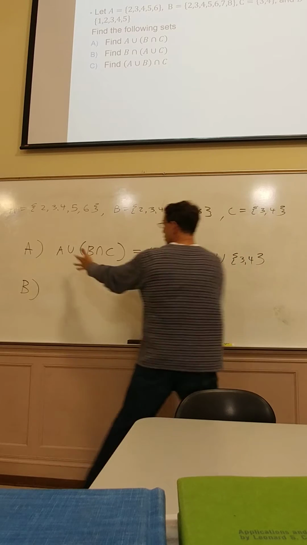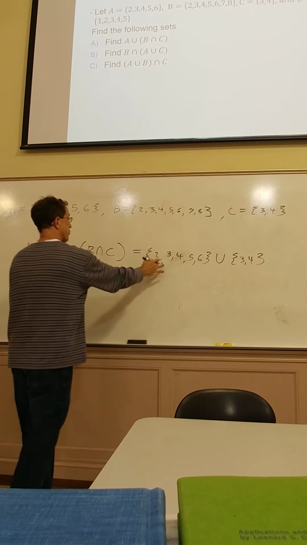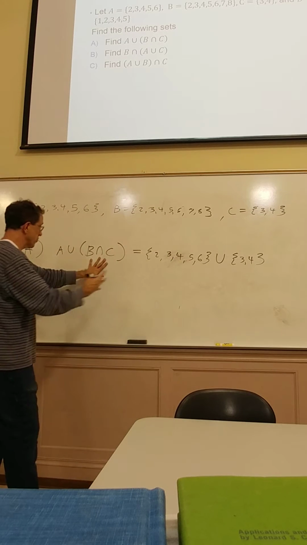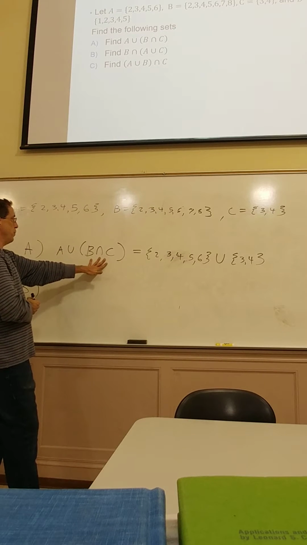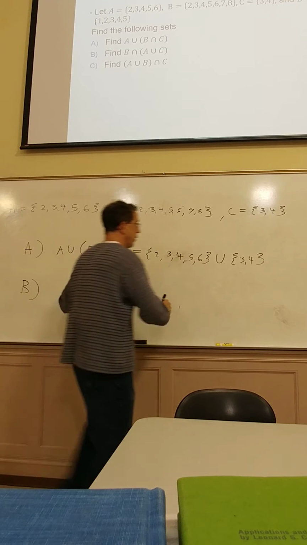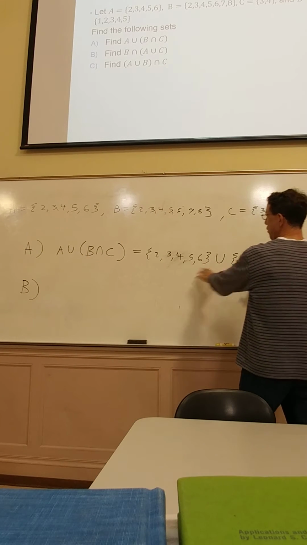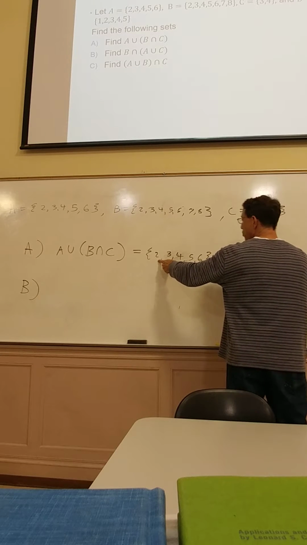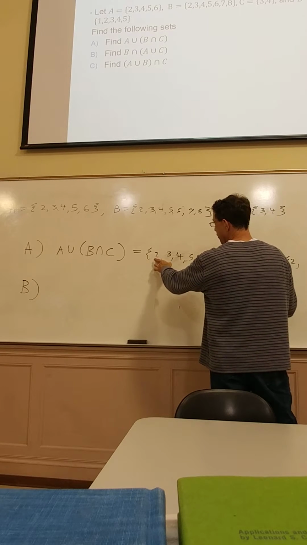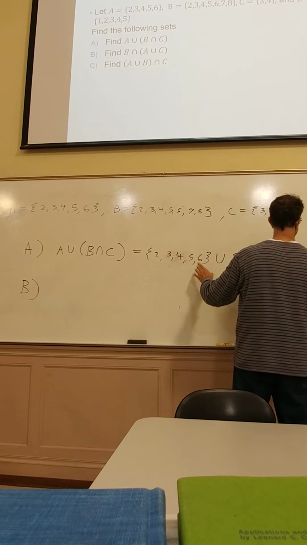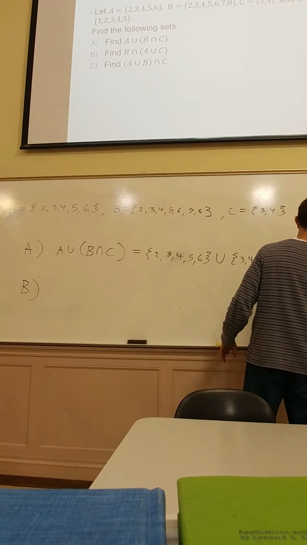So I've essentially rewritten this problem as A, which is 2, 3, 4, 5, 6, union with, well, the result inside the parentheses, B intersect C, which is 3, 4. When we do the union, remember, you chase the elements: it's 2, it's 3, it's 4, and then 5 and 6.